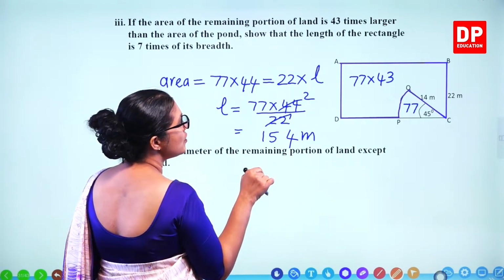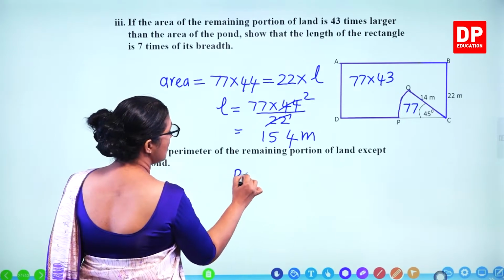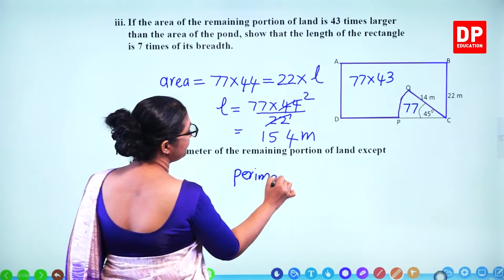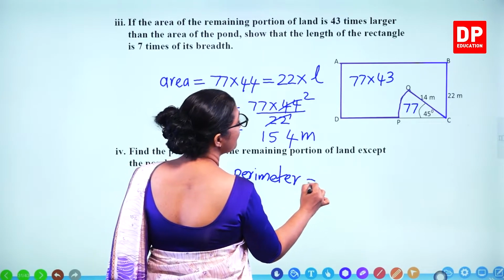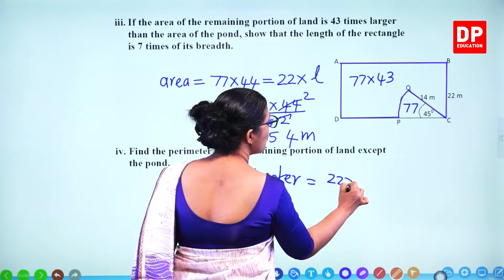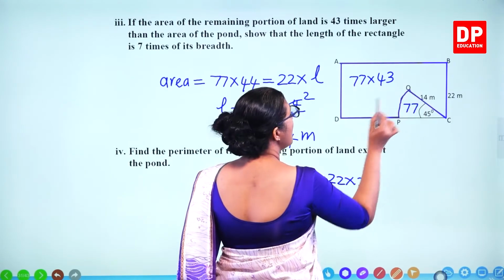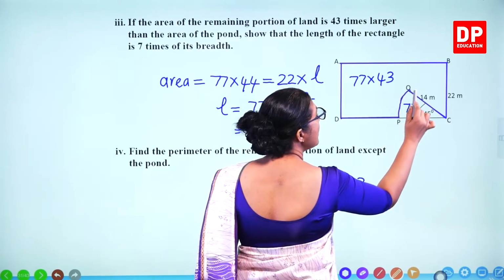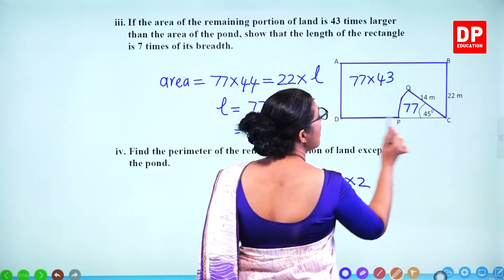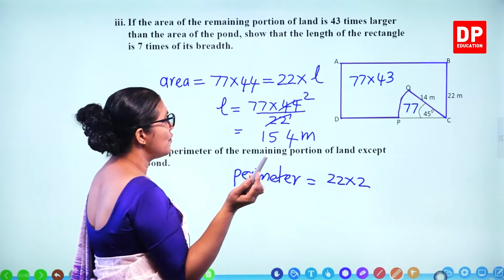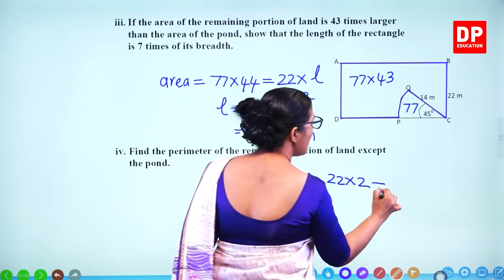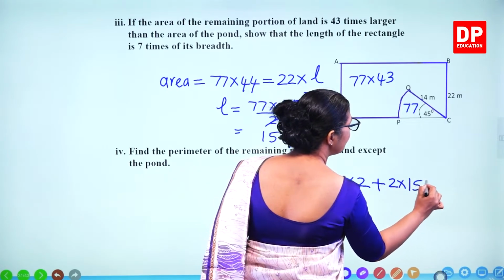So, AD and BC, that's 22. So, 22 times 2. This is 154. Here, this and this is also 14. Again, that's 154. So, 154 times 2.